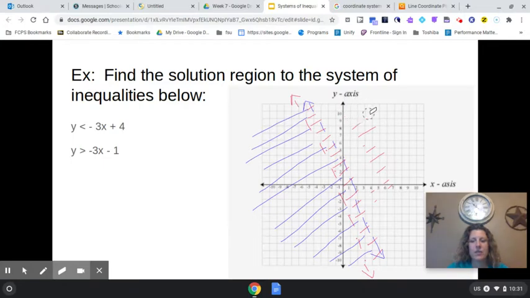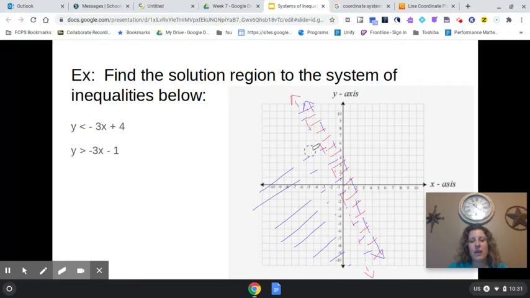And I'm also going to erase anything that's only blue, which is anything below the red dotted line. I'm going to leave that shading between the two parallel lines because that is representing my overlapping shading, which is the solution area.